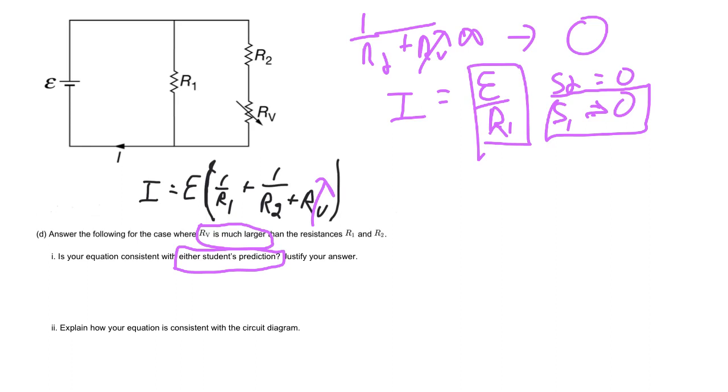So you'd want to say something like, student 2 said it would be 0. You derive this equation here, and you can see that it's not 0. And for student 1, it is greater than 0.